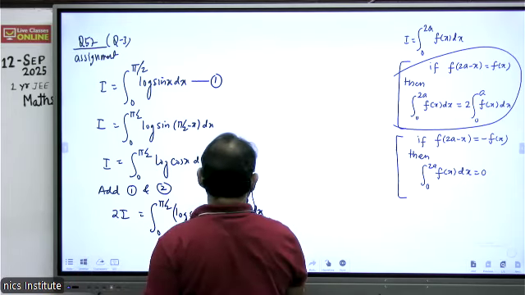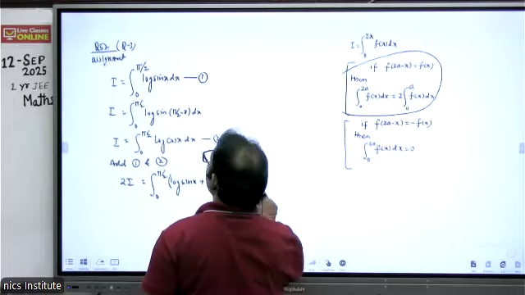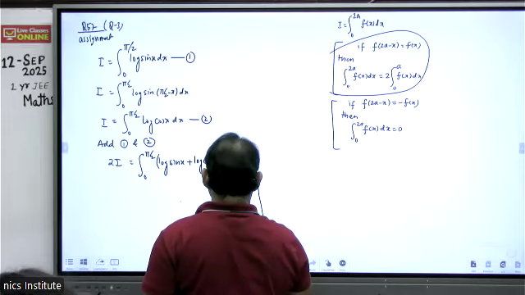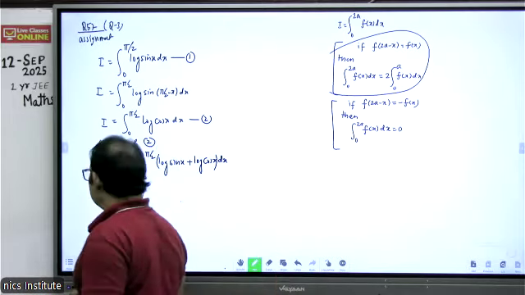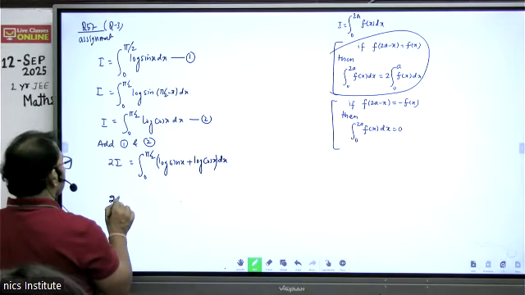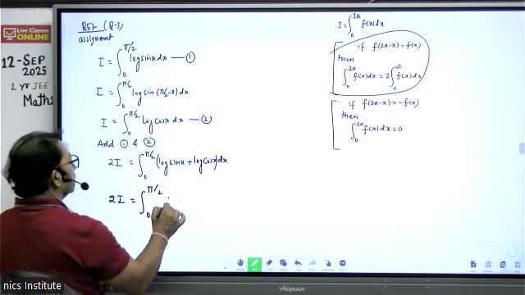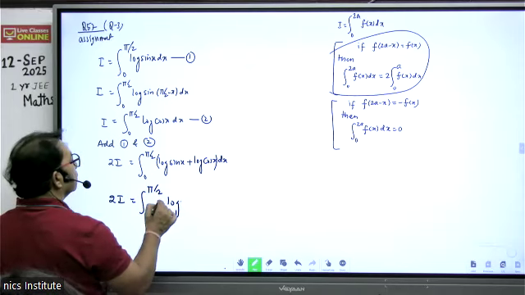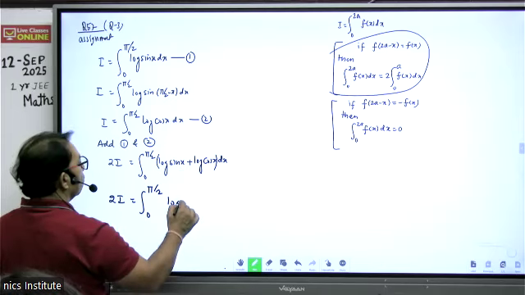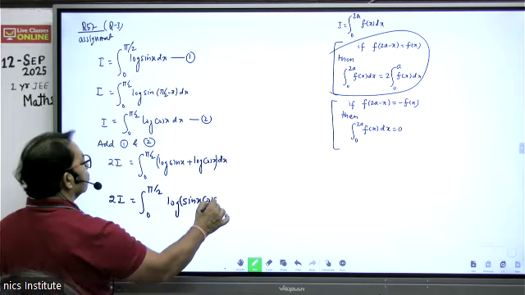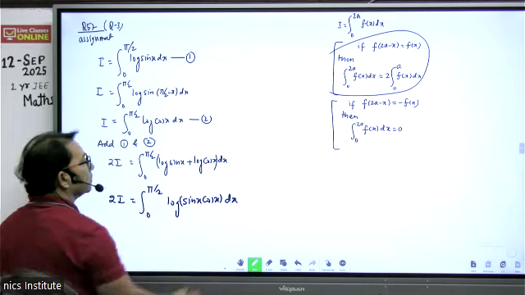Then you can use the log property that log A plus log B is log A into B. So 2I is equal to 0 to pi by 2 sin x into cos x dx inside the log.